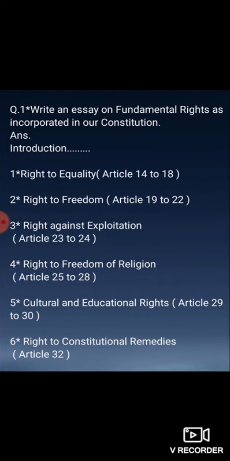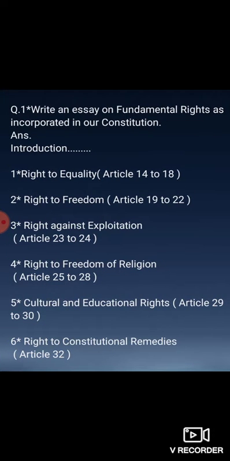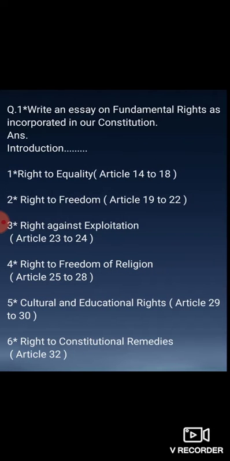Fifth category is cultural and educational rights, Article 29 to 30. Under Article 29 and 30, the Constitution guarantees certain cultural and educational rights.